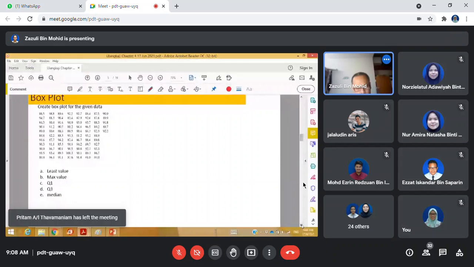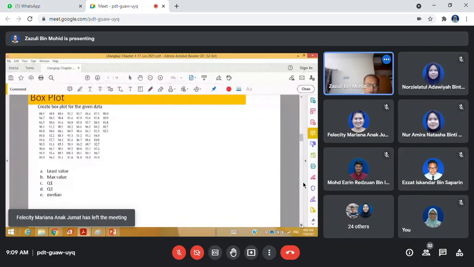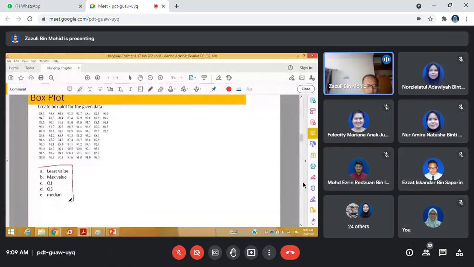So in solving the box plot, make sure you calculate all of these values. You have to mention them in the first line of your answer. To start the answer, you have the minimum value, maximum, and then quartile 1, quartile 3, and the median.